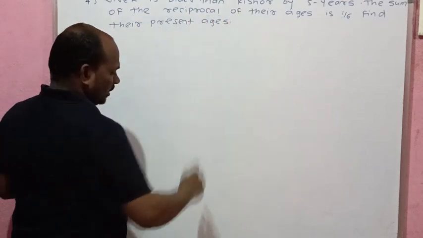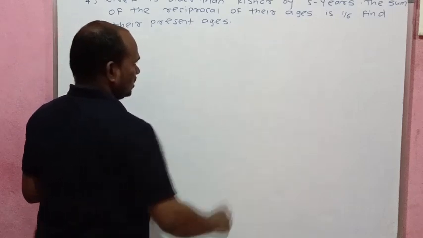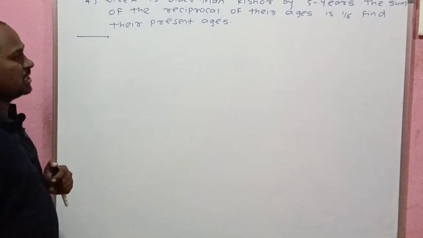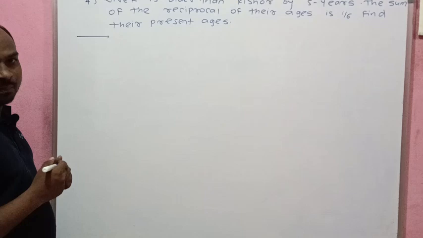Vivek is older than Kishore by 5 years. The sum of the reciprocal of their ages is 1/6. Find their present age.